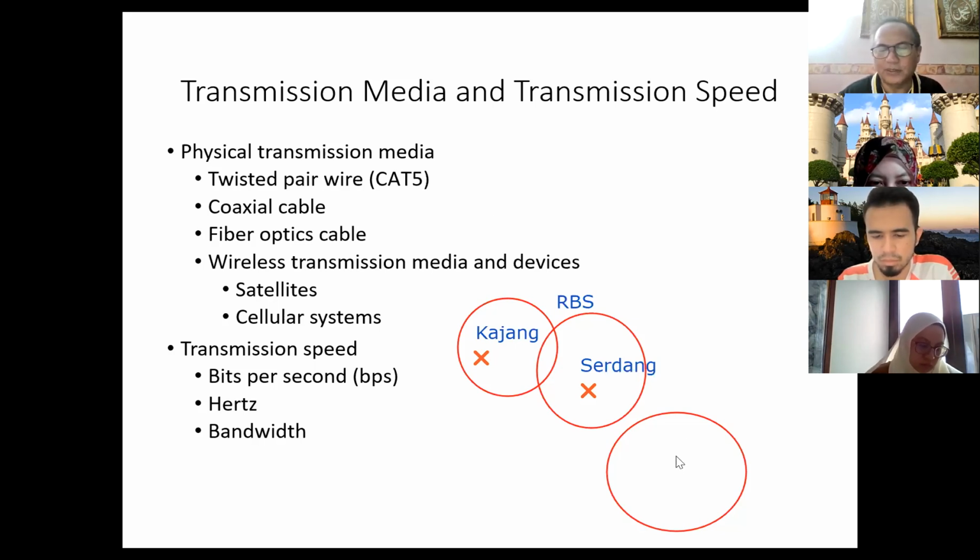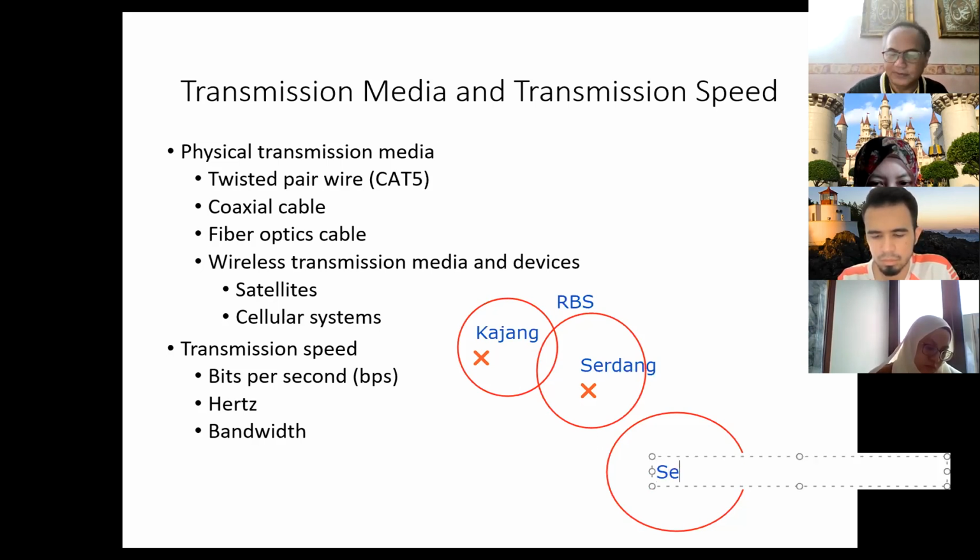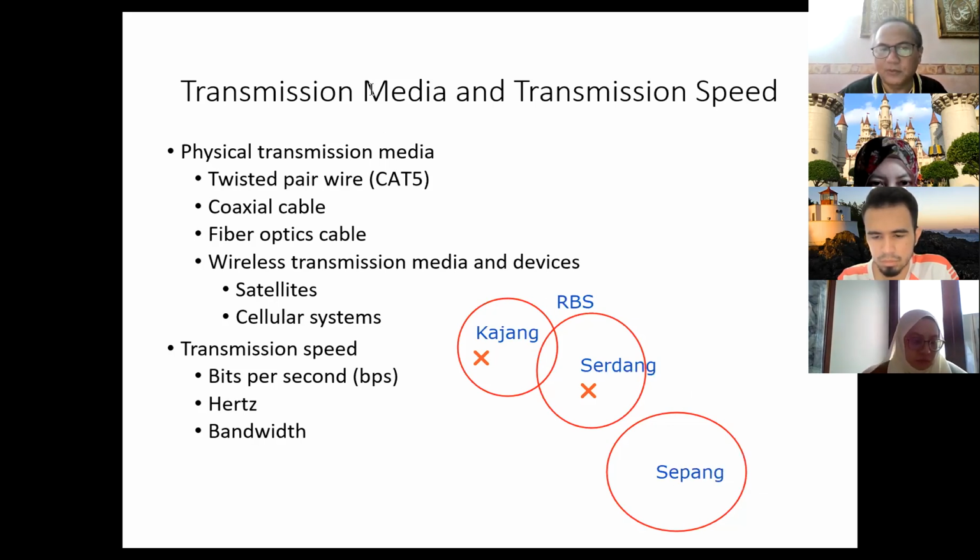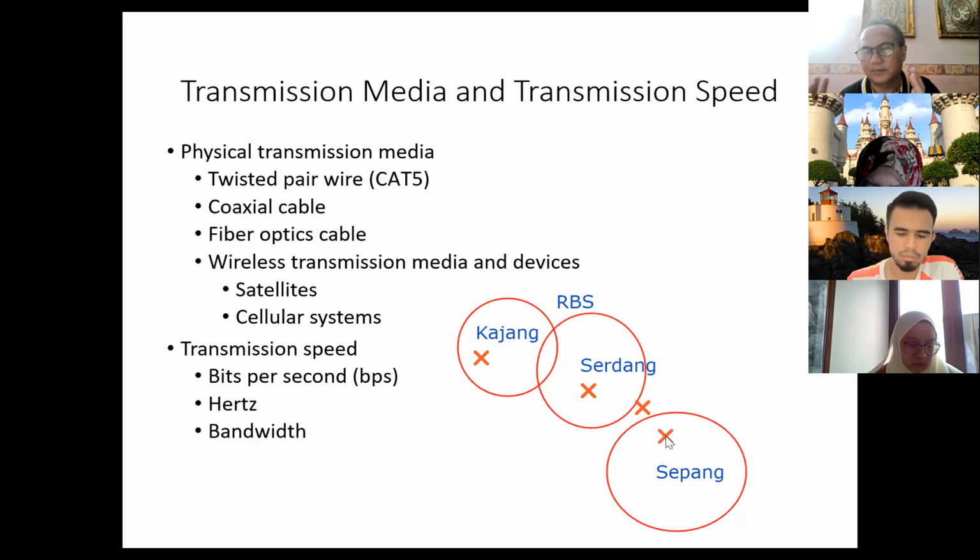But say you go to another place, for example Sepang, and you travel here. There is no coverage. If you are talking over the phone, you will have a drop call until you get connected again, when you are within the coverage of a radio base station.